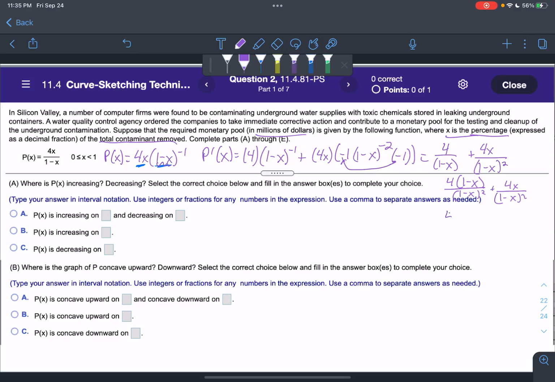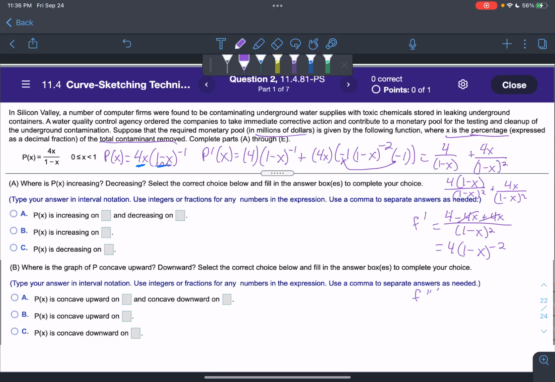So if I distribute that 4 in, I get 4 minus 4x plus 4x. Now I'm going to combine the two in one step. So my f prime is equal to 4 over 1 minus x squared, and this is 4 times 1 minus x to the minus 2 power. I'm just getting it ready for the second derivative that I'm going to take right now while we're on a roll.